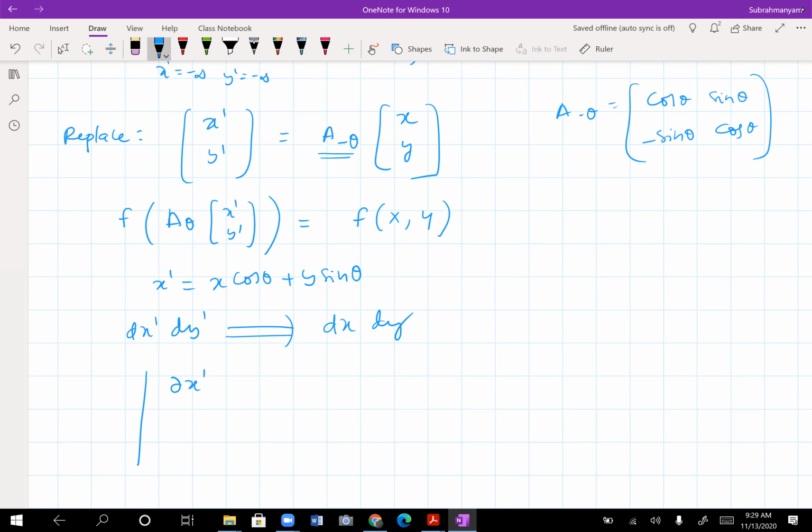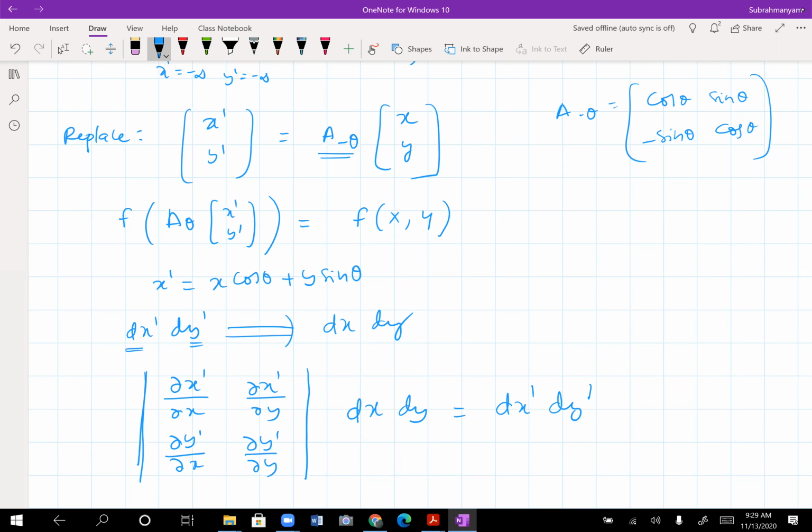Let's say dou x dash by dou x, dou x dash by dou y, and then on one side you have x dash and y dash. So for y dash you take with respect to x, dou y dash by dou y. You take this determinant, multiply it with dx dy, that would give you dx dash dy dash.